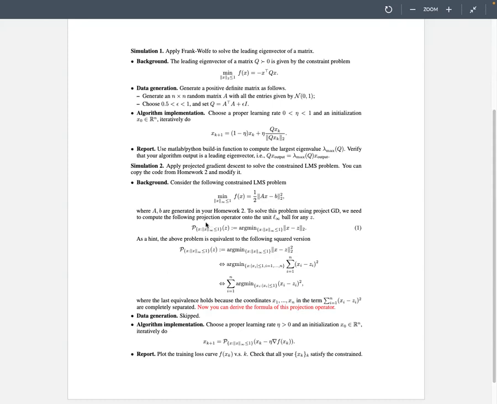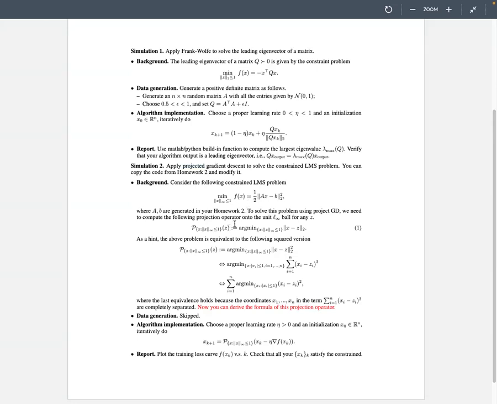And here I give you a hint on how to do the projection on this infinity ball. Because when you implement this projected gradient descent, you need to do a projection. Now, the question is, what is the projection? How do we project a point Z onto a L infinity ball?